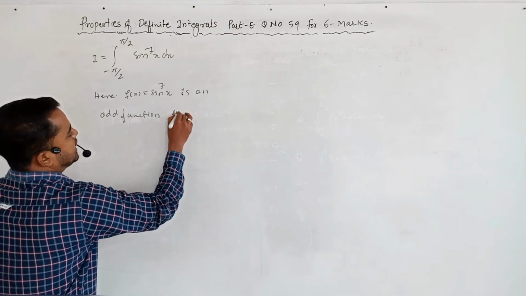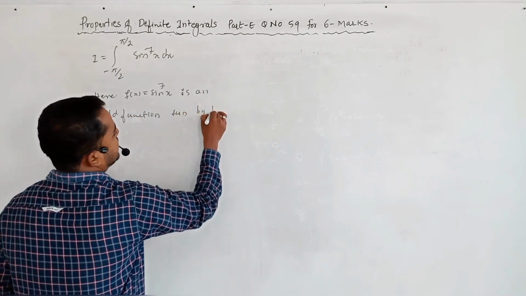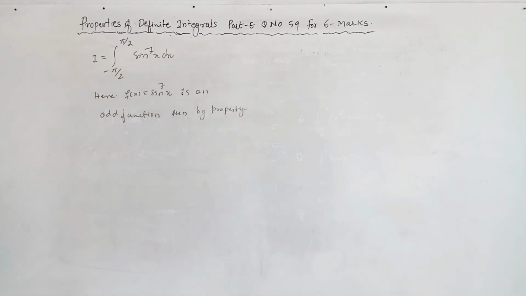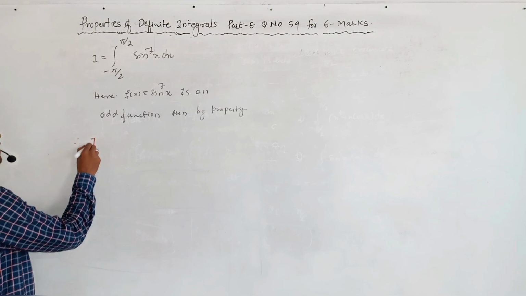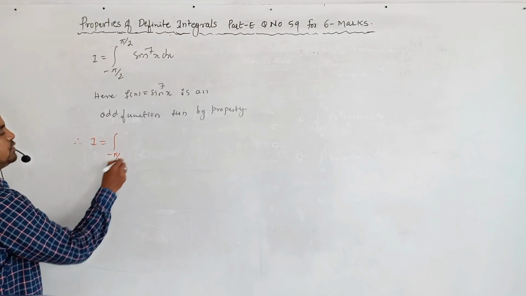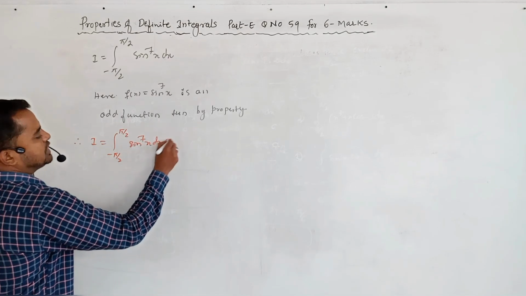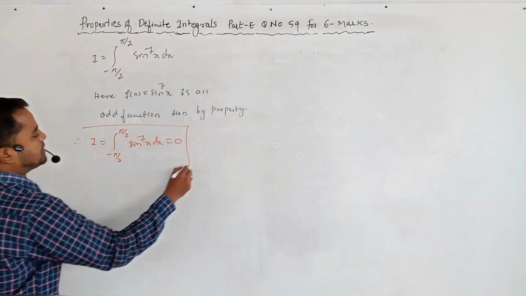Then by the property that we have already proved, I is equal to the integral from minus 5 by 2 to plus 5 by 2 of sin raised to 7x dx, which is equal to 0. Problem is over.